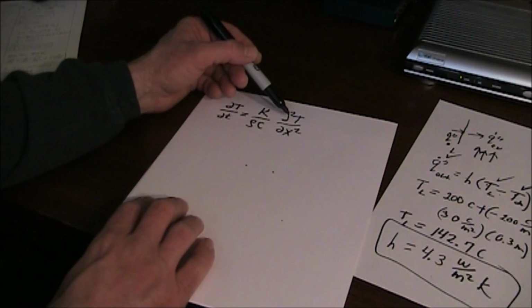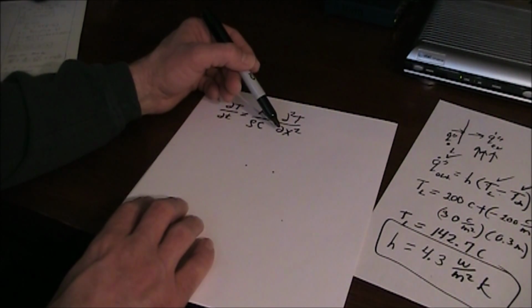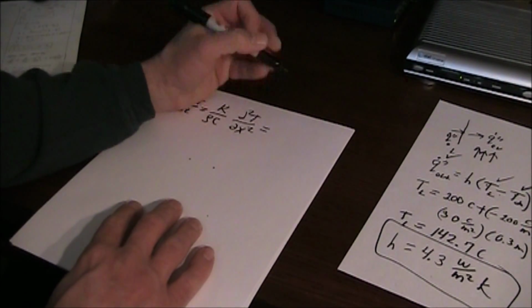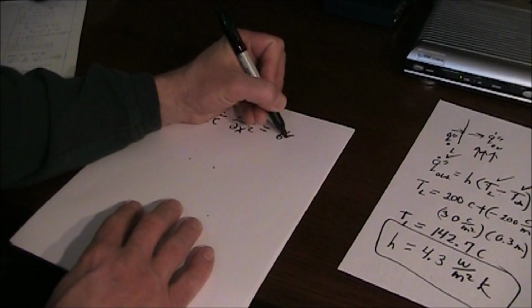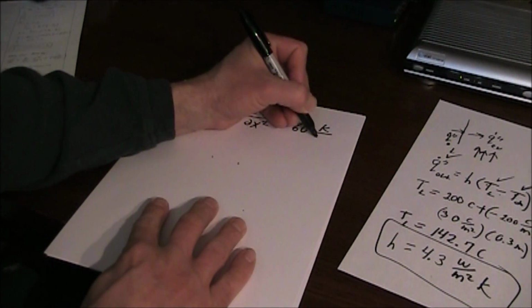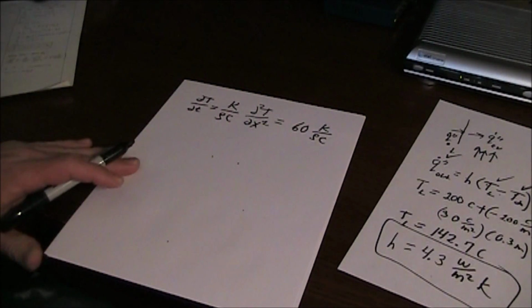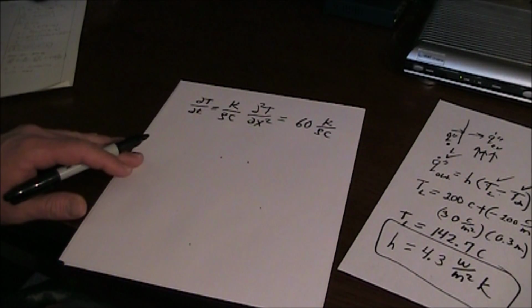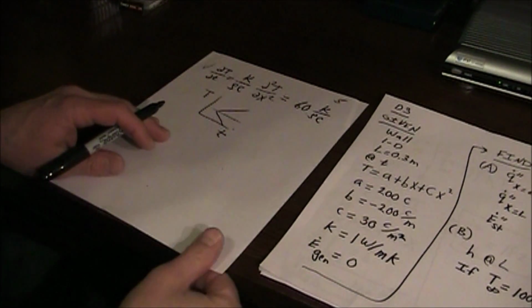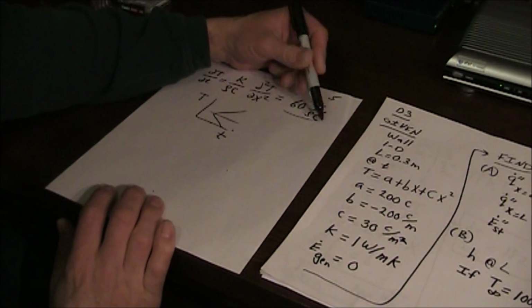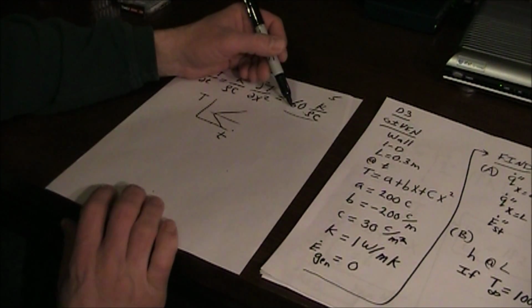So if you took the second derivative of the temperature with respect to x, what you would get is that is equal to 60, the value. And then of course you would have k divided by density times the specific heat. Okay, what this would show you is that the temperature is actually increasing with time.